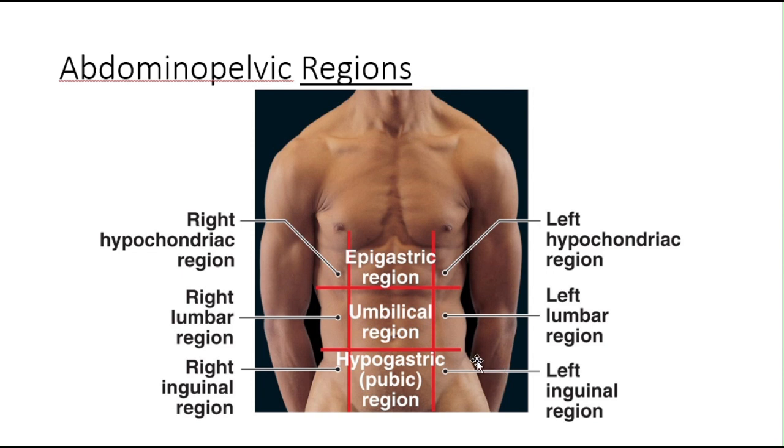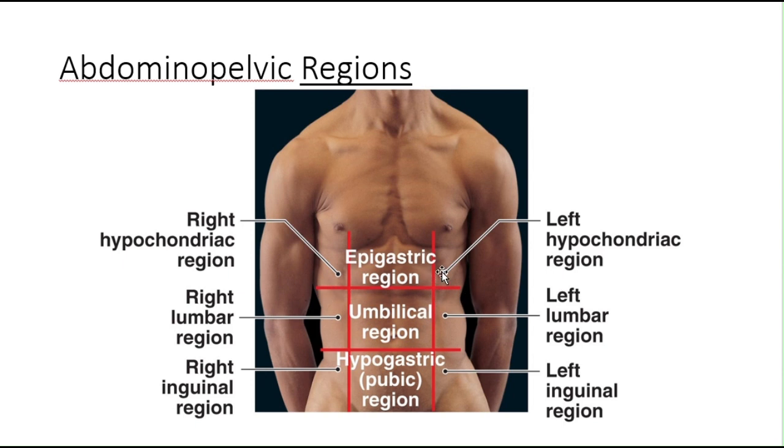One cut is between the two iliac crests or tubercles, the intertubercular cut, and the other cut is between the costal margins.